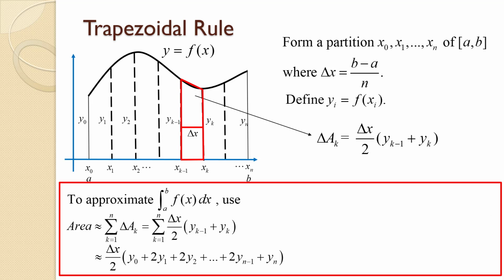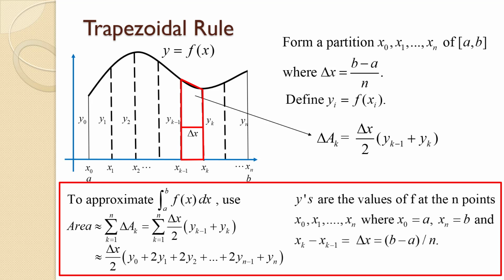And just to remind you, all the y's are just values of f at the n plus 1 points, x sub 0, x sub 1, up to x sub n, where x sub 0 is a and x sub n is b. And the difference between adjacent x values is the constant change of x, which is always b minus a divided by n.